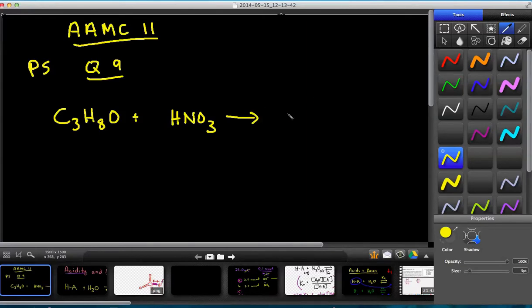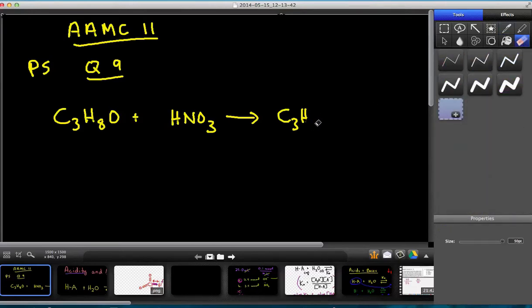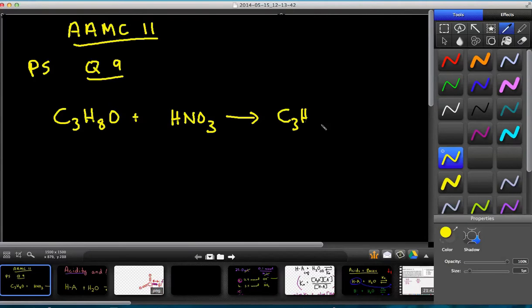That is C3H5N3O9 plus H2O. So if you look at some clues here, you know you're going to need 3 nitrogens.